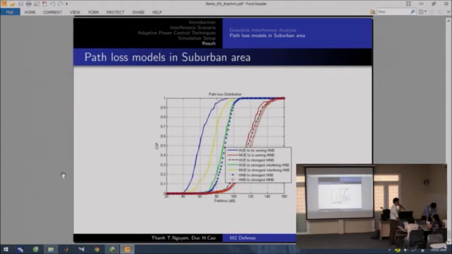We don't have time, so maybe we only focus on the downlink. I see that the uplink evaluation is more difficult and more interesting, but maybe we don't have time to implement it.